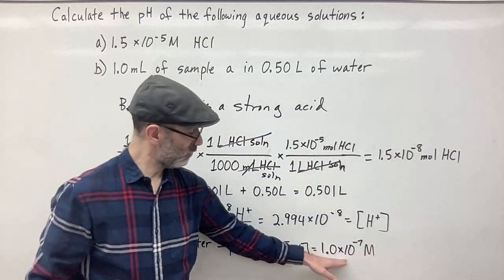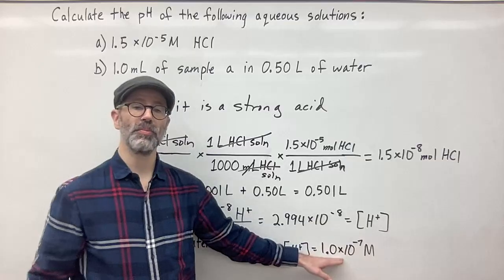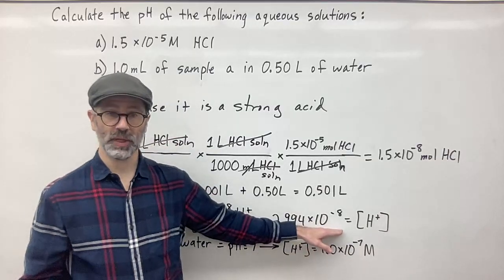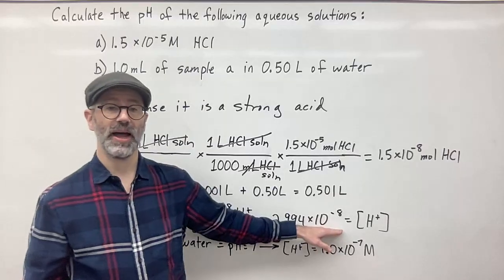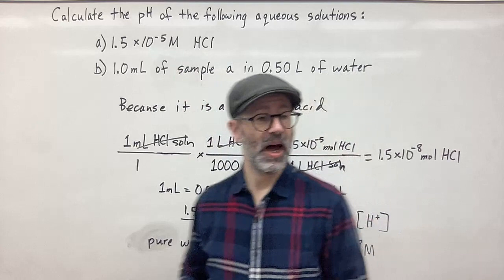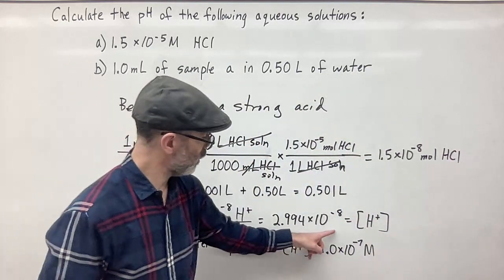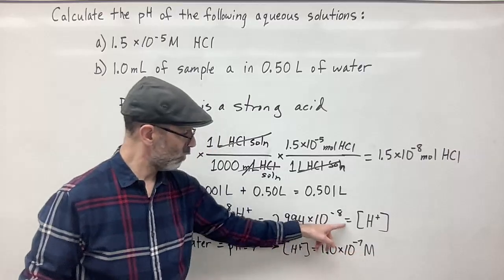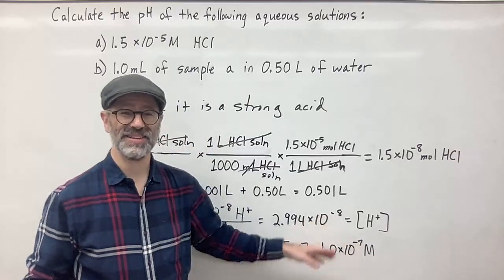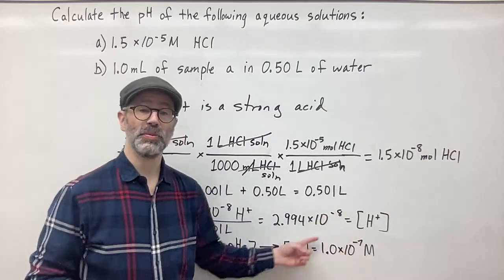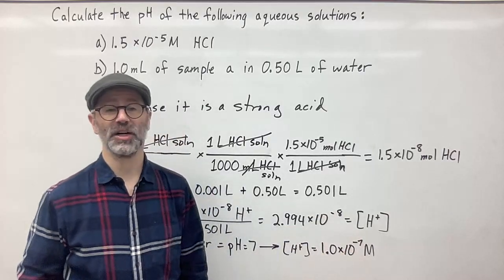That is the H plus concentration from pure water. This is the H plus concentration from the 1 milliliter of acid that we took here from part A. These are not very different from each other. This differs by about a factor of 10, which means that the H plus concentration of water is not going to be negligible.